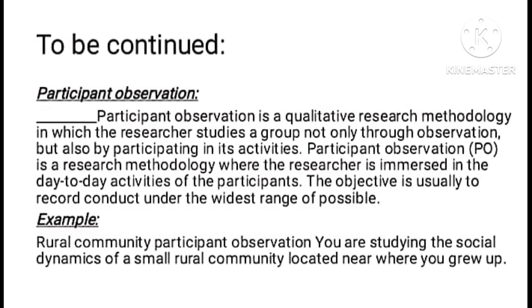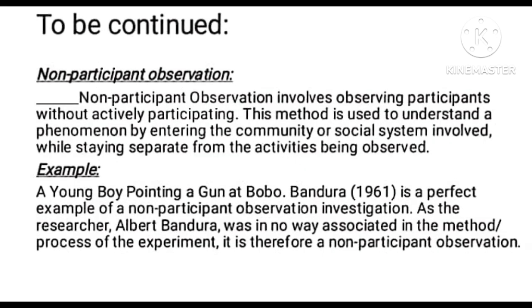For example, in rural community participant observation, you are studying the social dynamics of a small rural community located near where you grew up. Non-participant observation involves observing participants without actively participating. This method is used to understand a phenomenon by entering the community or social system involved, while remaining separate from the activities being observed.